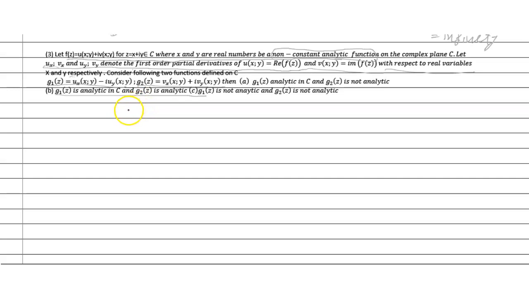So whatever it is, say f(z) is a non-constant analytic function, friends.